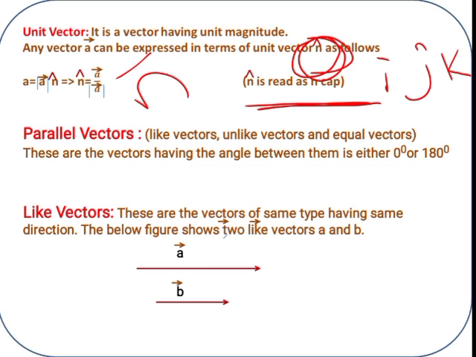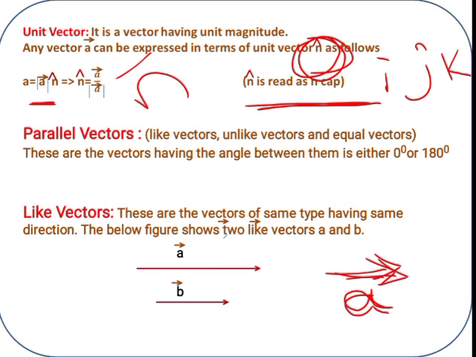How do we have to write them? A is equal to magnitude. These blue parallel lines are nothing but the symbol of the magnitude. We have to read it as magnitude, and the vector symbol is like this. If it is an arrow, then we have to say vector. Suppose we are writing vector A, then we read vector A, meaning this is a vector quantity.